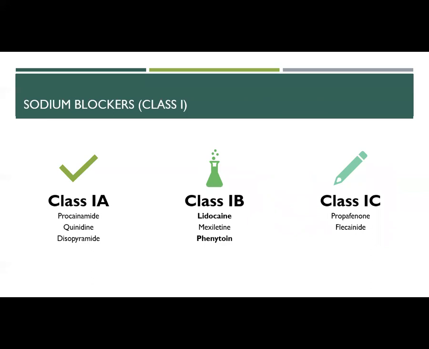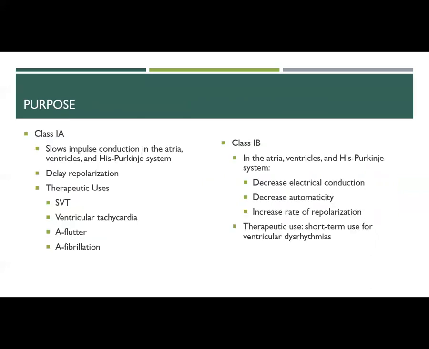These are the different ones in the different groups. We've got class A, class B, and class C. Class A slows the impulse conduction in the atria, ventricles and His system, delays depolarization, and is used for SVT, ventricular tachycardia, A flutter, and A fibrillation.